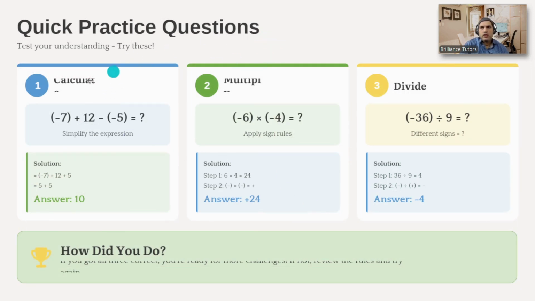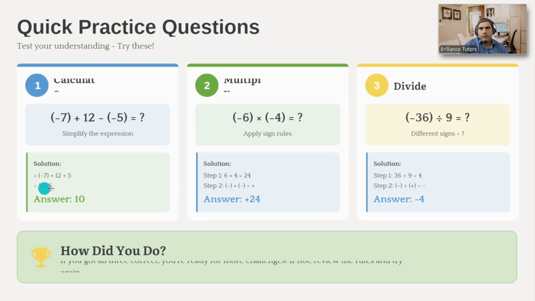Quick practice questions. Calculate minus 12 plus 12 minus 5, what is the answer? Minus minus makes it plus, so plus 5 becomes plus 5, and this will be minus 7 plus 5.